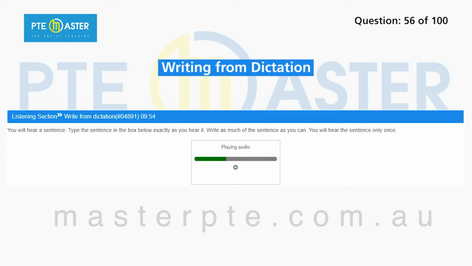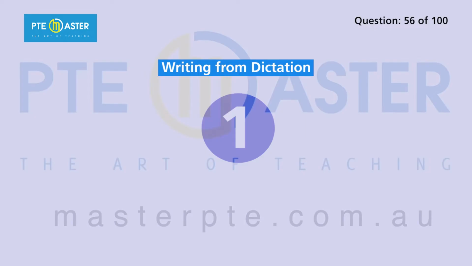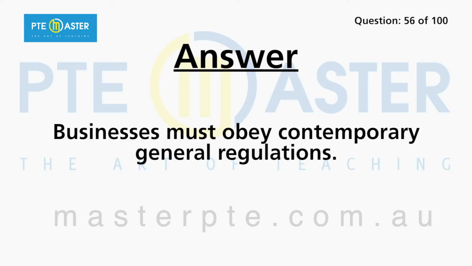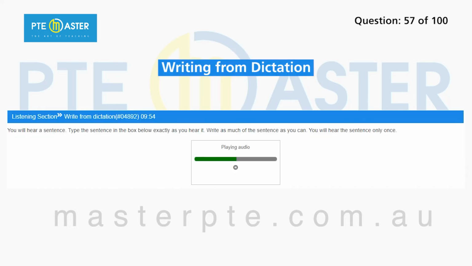Businesses must obey contemporary general regulations. The Commissioner will portion the funds to all sovereignties.